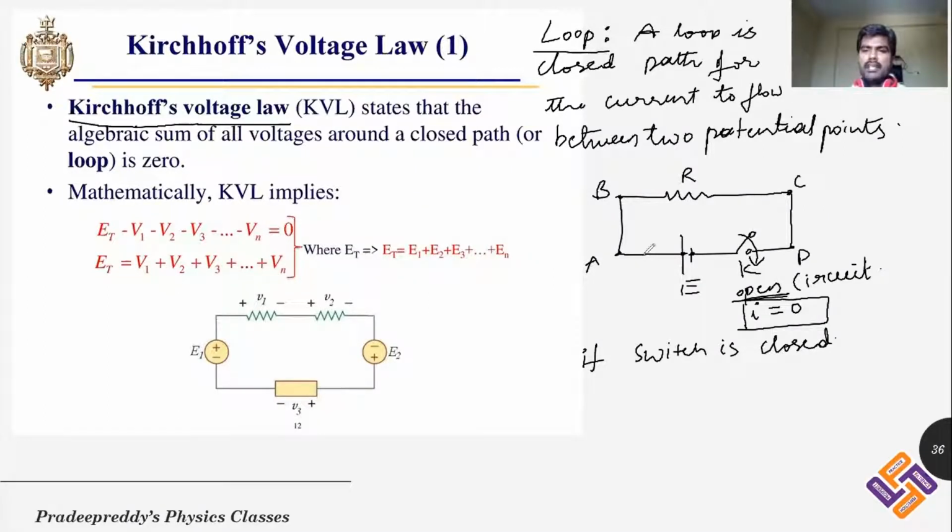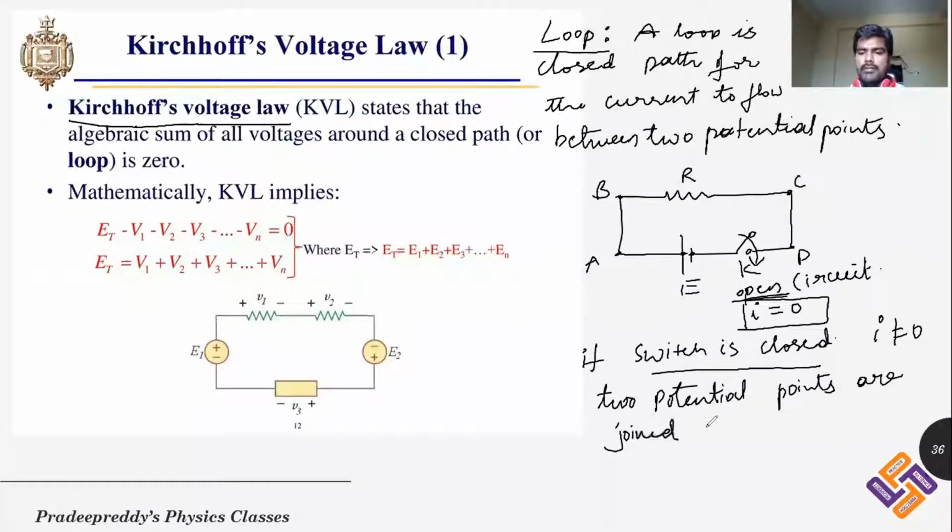Therefore, charge can flow from positive terminal to negative. As a result, current will be in the direction from positive terminal to negative terminal. Therefore, if the switch is closed, current in the circuit is not equal to 0 because two potential points are joined with wire.